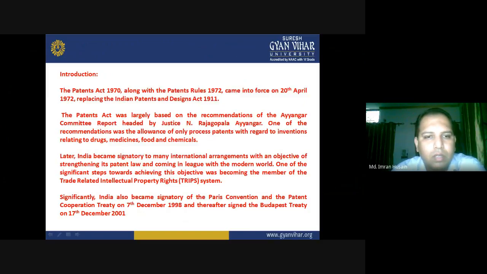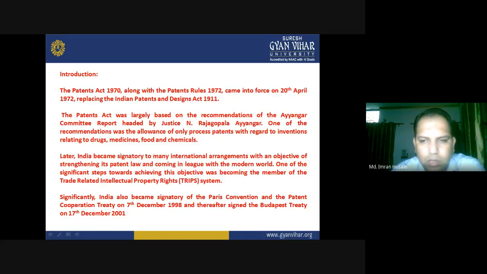One of the recommendations was the allowance of only process patents with regards to inventions relating to drugs, medicines, food, and chemicals. Later, India became signatory to many international arrangements with the objective of strengthening its patent law and coming in league with the modern world.